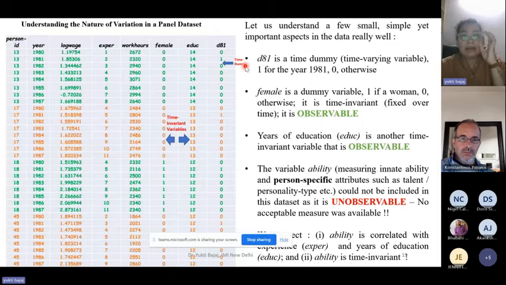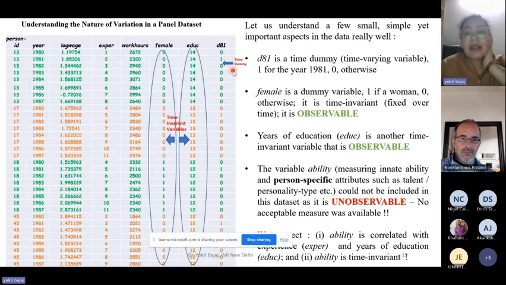Moving ahead, we see another variable, female, as well as education. Female is again a dummy variable, wherein the value is 1 if the labor is a woman, and 0 if that labor is a man. However, in contrast to D81, what we observe here is that no matter what year, if labor number 13 is a man, he's a man.